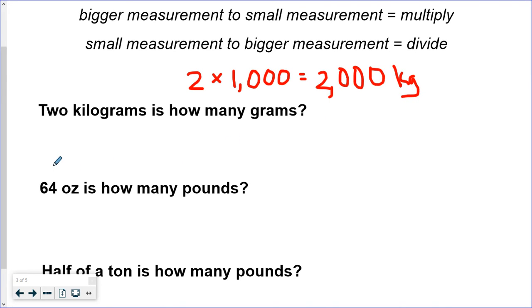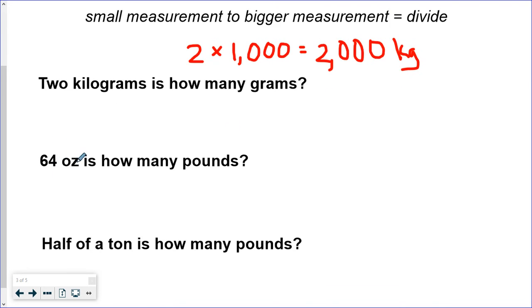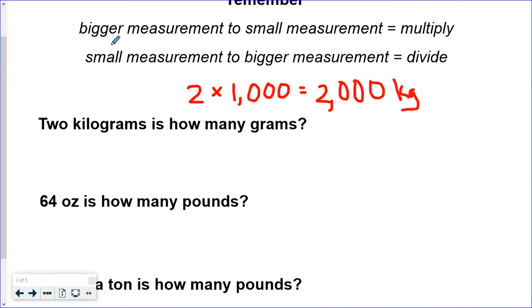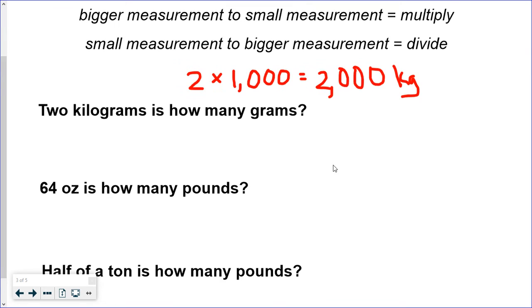Let's say I do the customary unit. Let's say I have 64 ounces. 64 ounces is how many pounds? Well, I know that there are 16 ounces in 1 pound. So here it looks like I'm going from a smaller measurement to a bigger measurement. And if I go from a smaller to a bigger measurement, I have to divide.